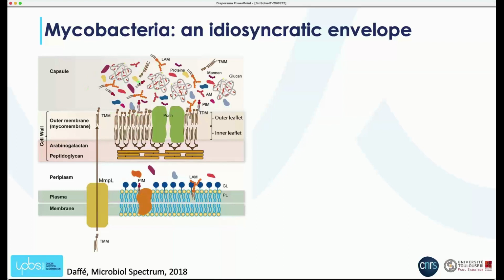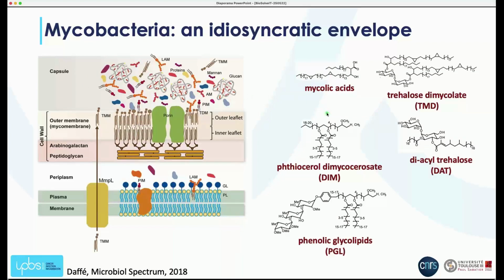Then you have the capsule of the mycobacteria, where you can find many strange and specific compounds like mycolic acid, as I already mentioned, but also trehalose dimycolate, phthiocerol dimycocerosate, and so on.